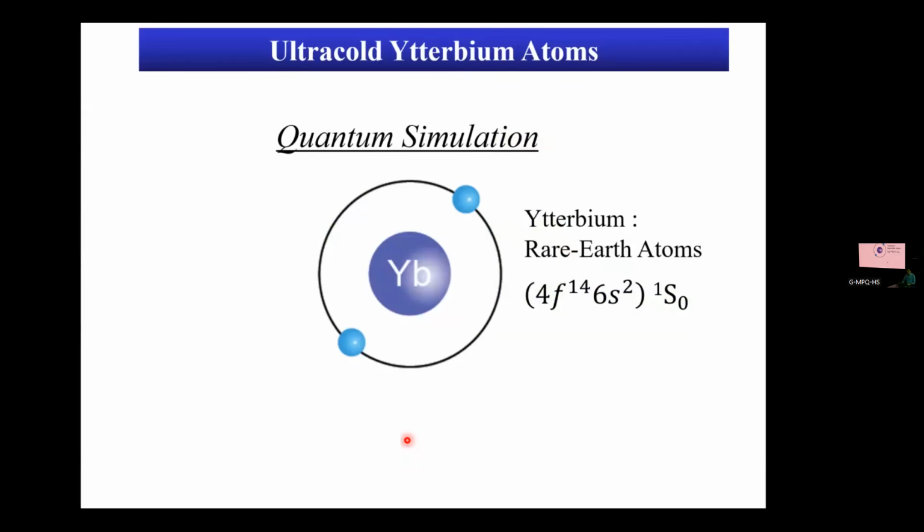Here ytterbium is a rare earth atom with filled 4f shell and 2 valence electrons. So the energy structure is similar to that of the alkaline earth atom.